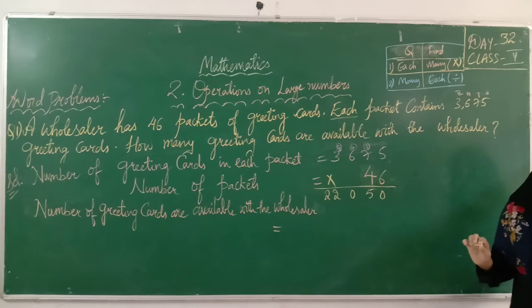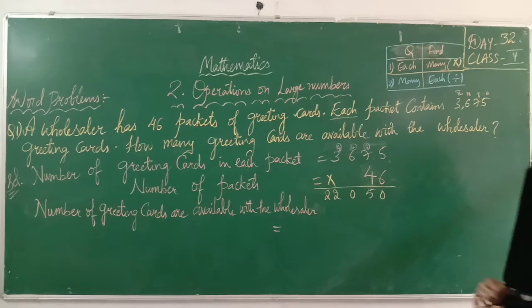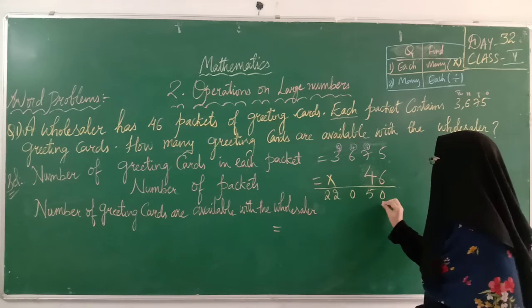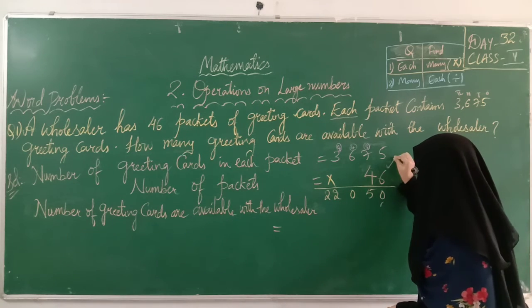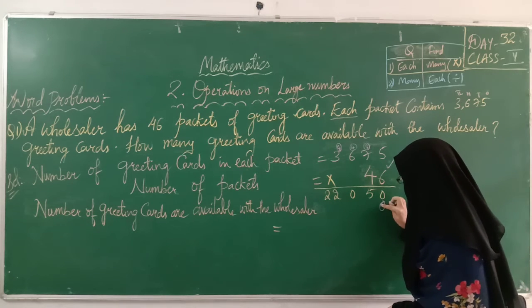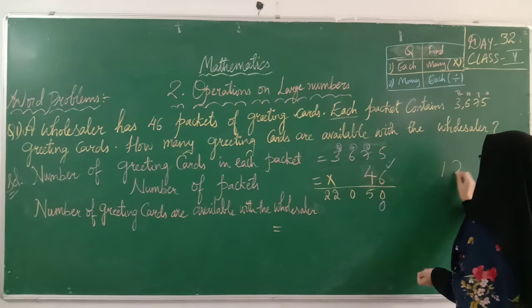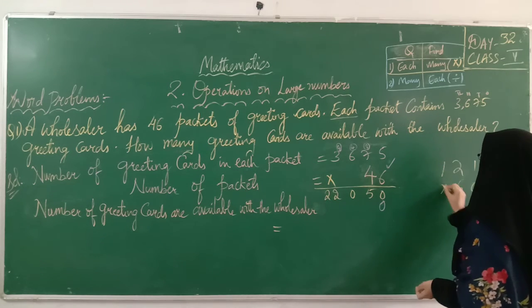In my previous videos, I have shown you that after completion of one digit multiplication, we can place here 0, or I'll show you one more thing. 0 times 1 is 0, 0 times 2 is 0, 0 times 1 is 0, right?